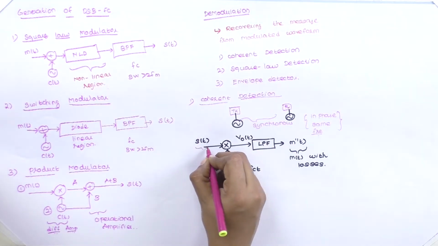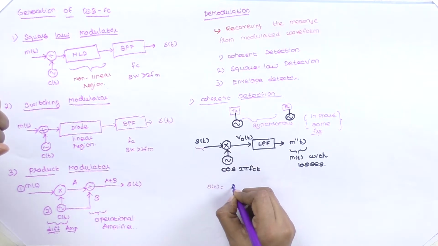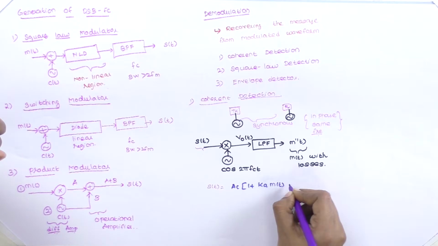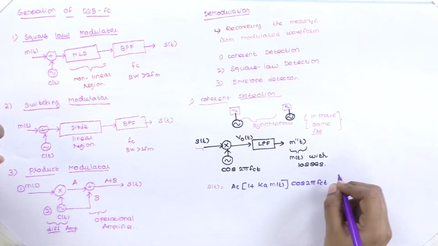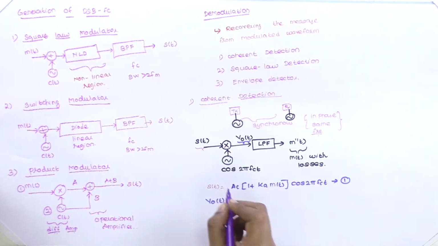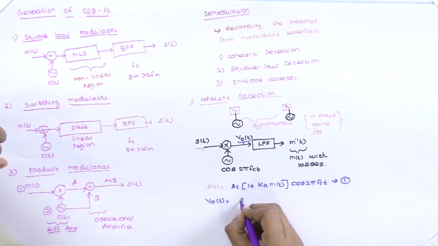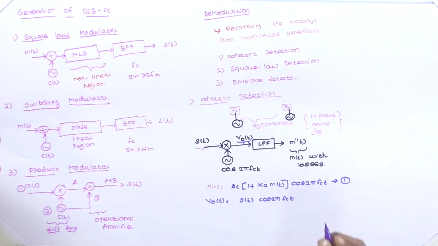We know the formula for S of t. S of t is equal to Ac into 1 plus Ka m of t cos 2 pi fct. We refer to this formula as equation number 1. The second one is the resultant V naught of t. V naught of t is the multiplication of the AM modulated wave with the carrier signal. Therefore, S of t into cos 2 pi fct.